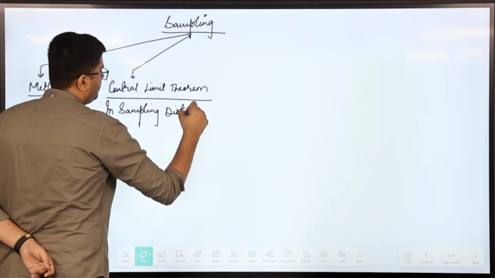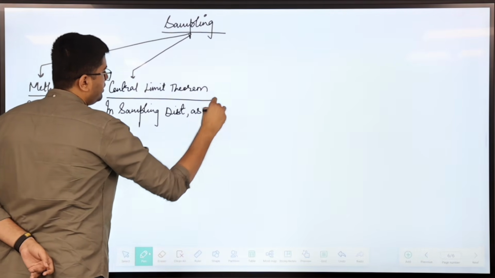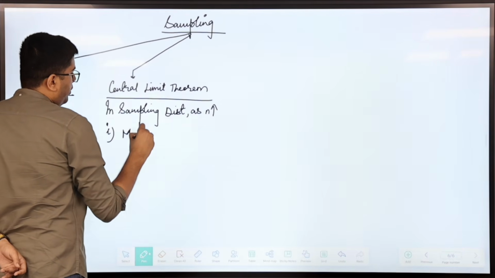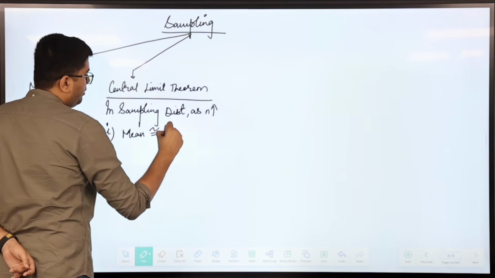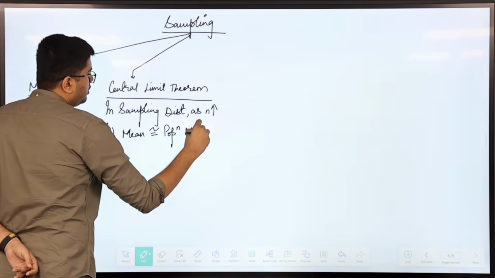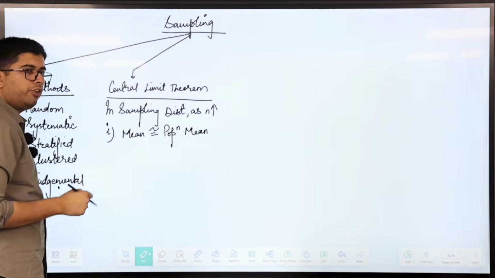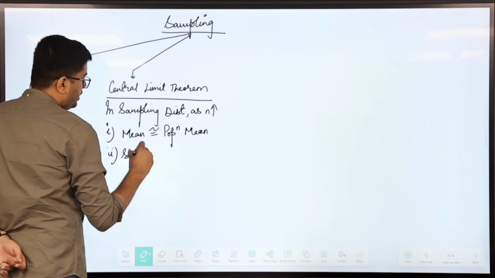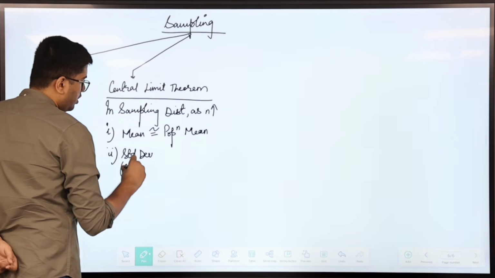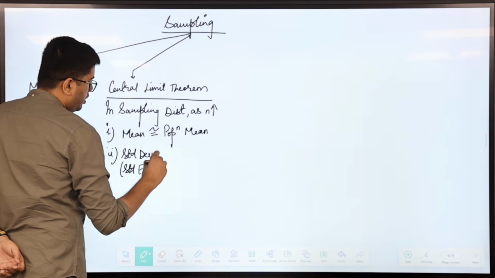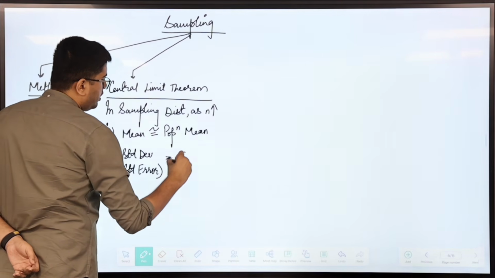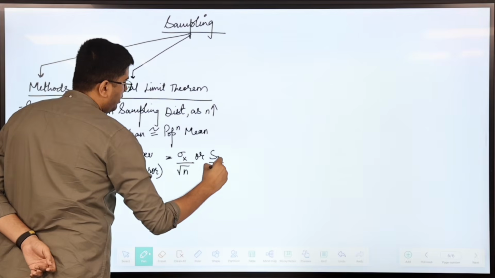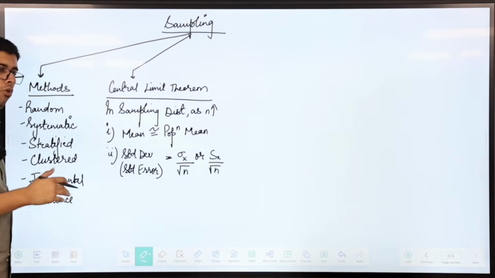So in sampling distribution, as the sample size increases, the mean becomes roughly the same as the population mean. This is your closest approximation that you can mathematically get to population mean. Your standard deviation, also known as standard error, becomes standard deviation from the raw data divided by root of n, either sample or population.